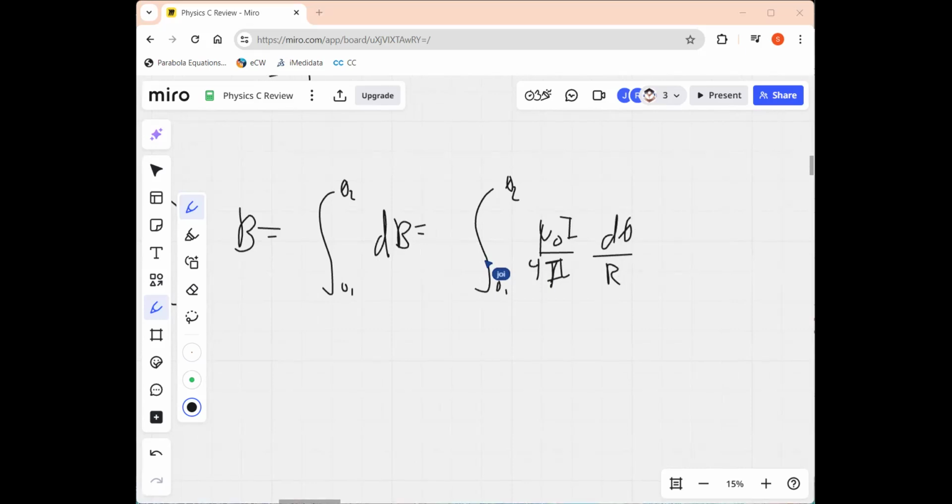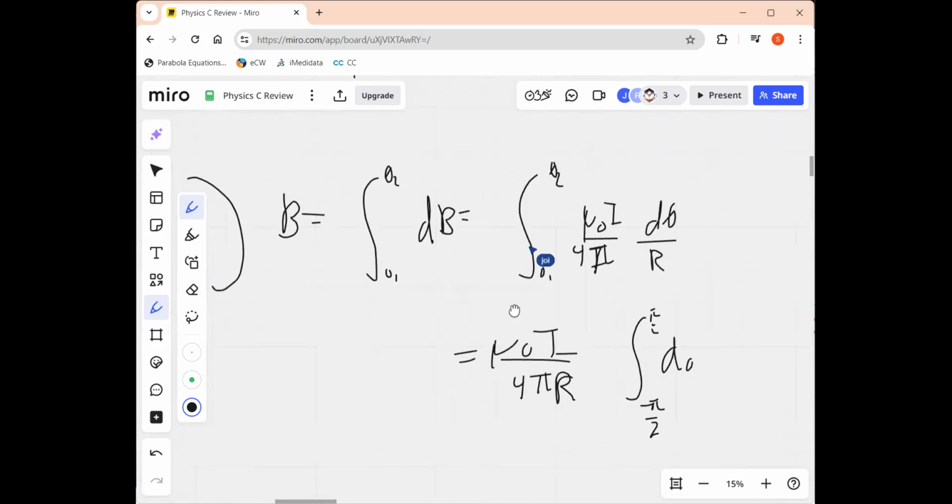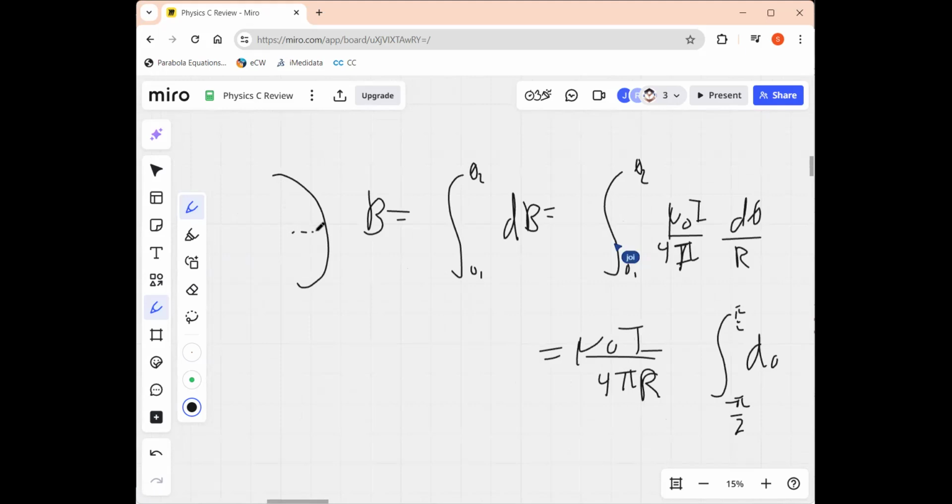And so that's equal to integral of mu naught I over 4 pi r. So negative pi over 2, that's our angle 1, and that's our angle 2.